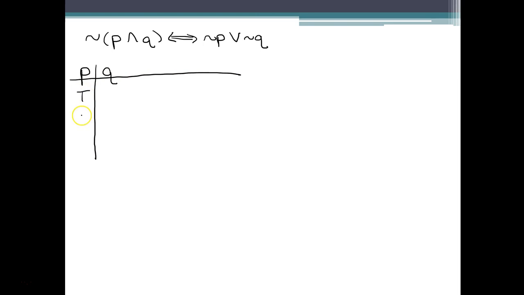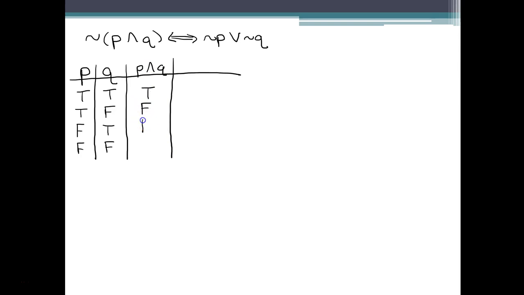Setting up our P, Q. Okay, parentheses here is P and Q. So P and Q is true, false, false, false. And then the negation outside the parentheses says take that result and negate it.